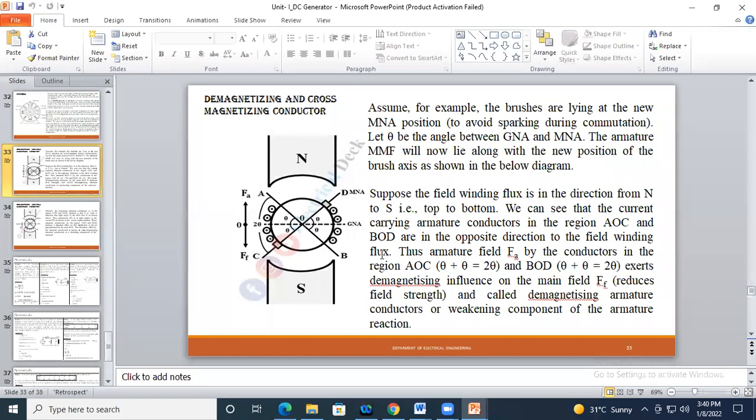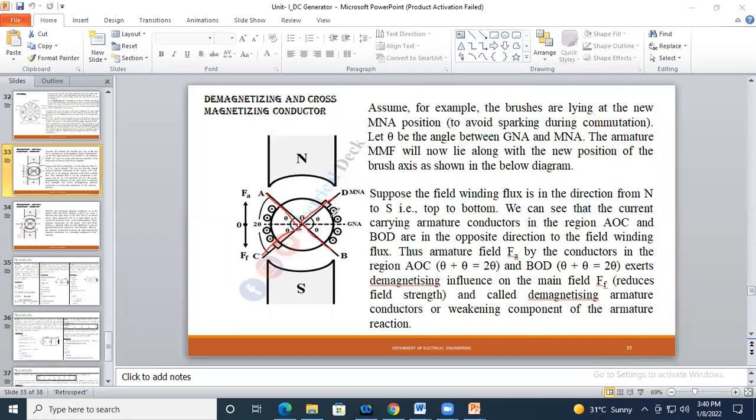So this is called the cross magnetizing conductor of armature reaction and the demagnetizing conductor of armature reaction. The demagnetizing conductors are the conductors lying under angle AOC and angle BOD.